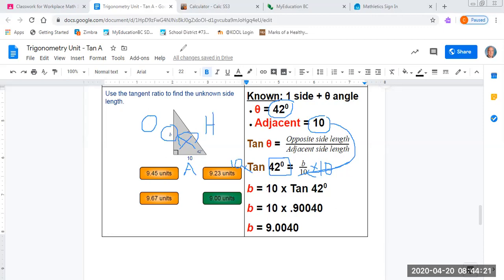So I'm just going to clear off some of this writing here so it doesn't get all messy, and I'm going to switch my screen so you can see the calculator.